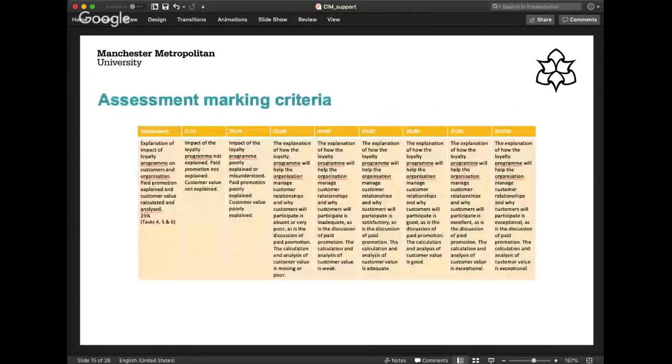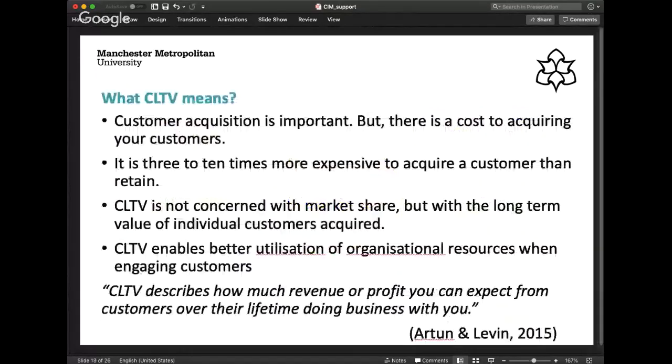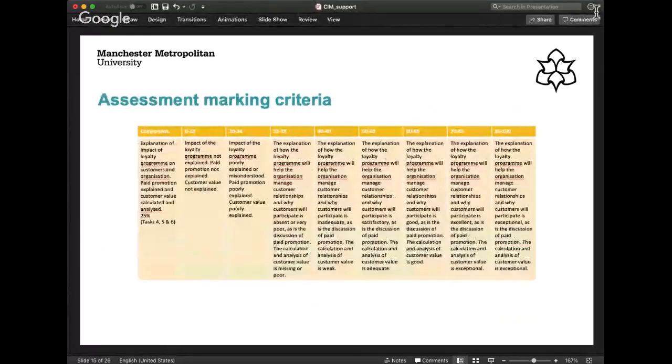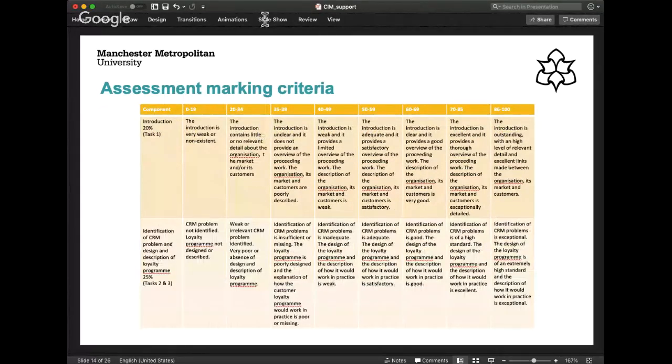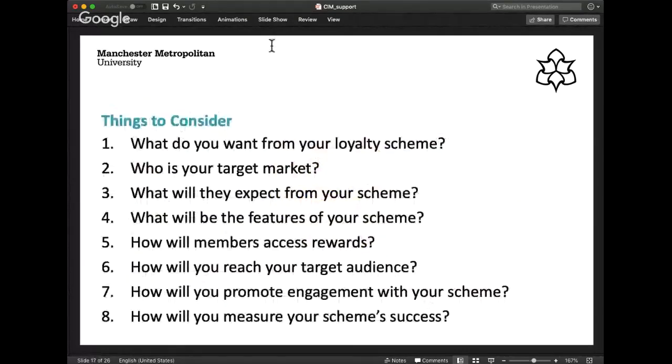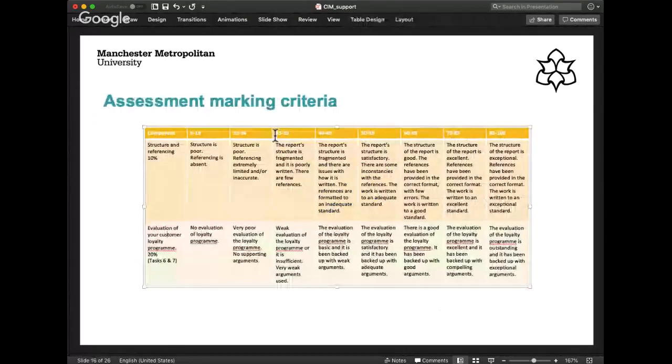You will then, in your next section, look at 25% of your marks, which are for the explanation of the impact of loyalty program and your paid promotions. That's going to be about 750 to 800 words. You've got your structure and referencing.